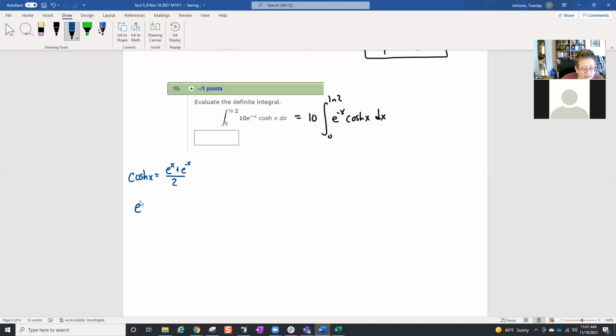So now if we have e to the negative x times hyperbolic cosine of x, this will be e to the negative x times e to the x plus e to the negative x all over 2, which is e to the negative x, e to the x, plus e to the negative x, e to the negative x, all divided by 2.